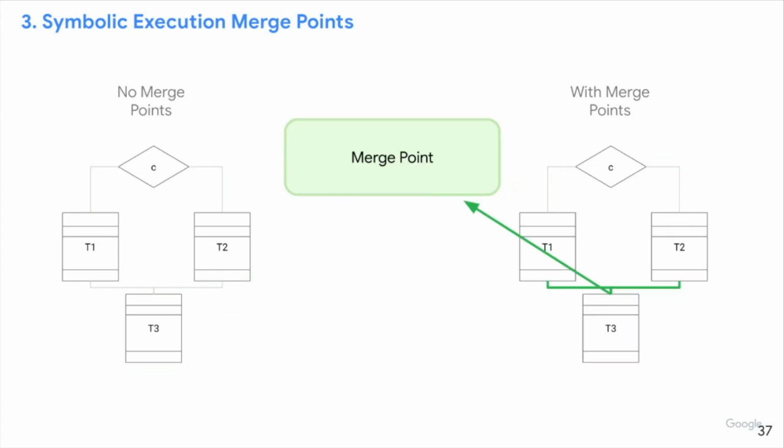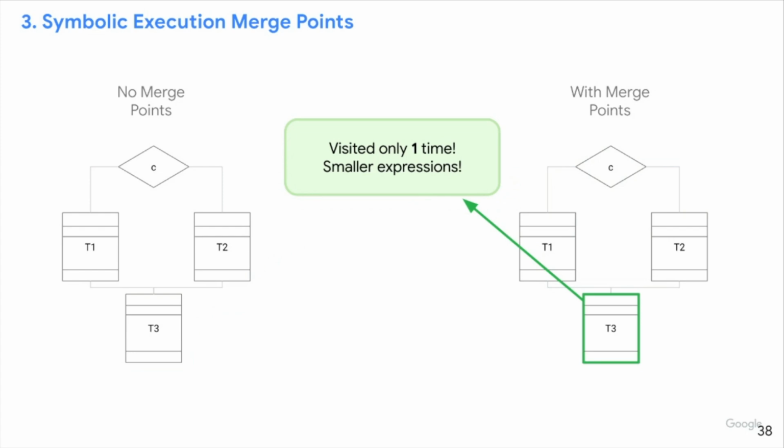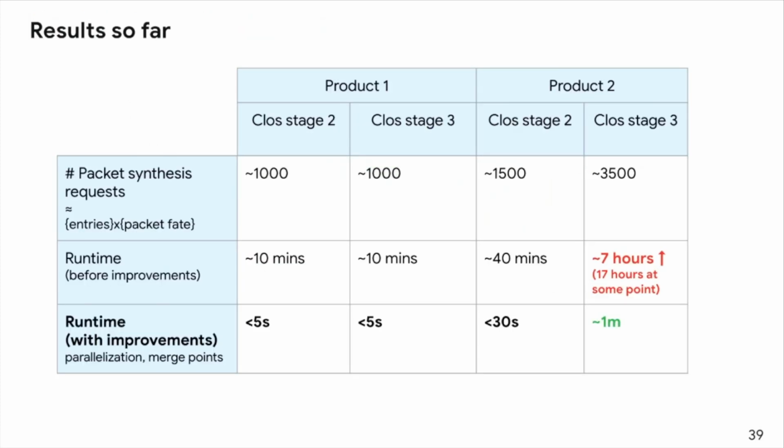And we merge the states after T1 and T2 at this natural merge point that occurs after the if-else branches. And this way, we visit T3 only once. And this leads to smaller expressions. Note that the same state is propagated through T1, T2, and T3, and the same state keeps on getting updated. So this is good.